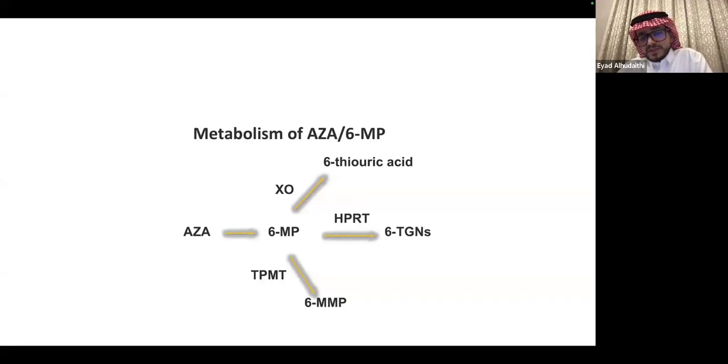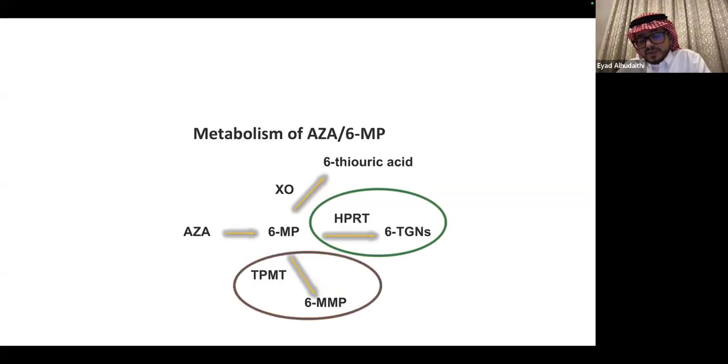Azathioprine is converted to 6-mercaptopurine, and if you can see, I highlighted this circle with green because we usually aim for high 6-TGN, but with monitoring because it can cause hepatitis, and we don't want the 6-MMP because it has nothing to do with the drug efficacy in terms of controlling the disease, and it has the side effects.